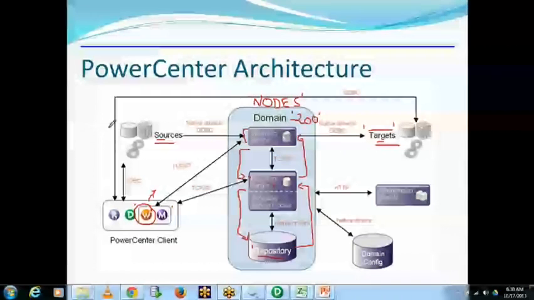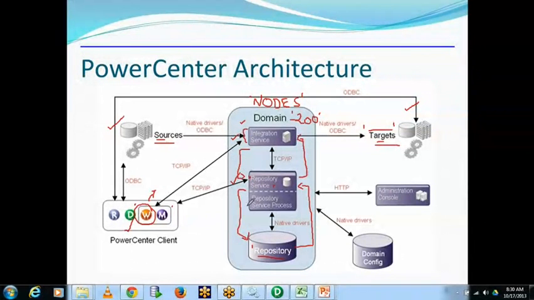We spoke about the sources, targets, the client tools which are used, the domain, integration service, and repository service. Now the repository service process is the one which relates this repository service to the repository and then back to it.